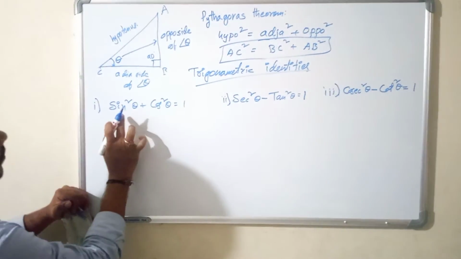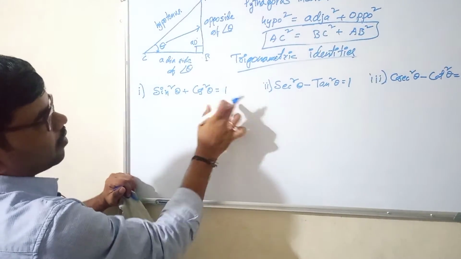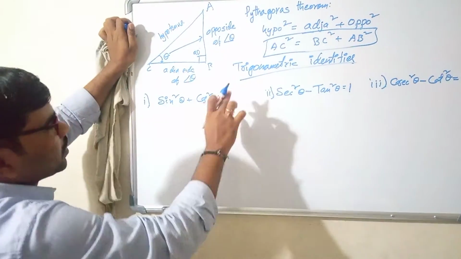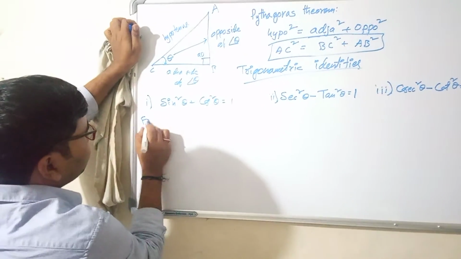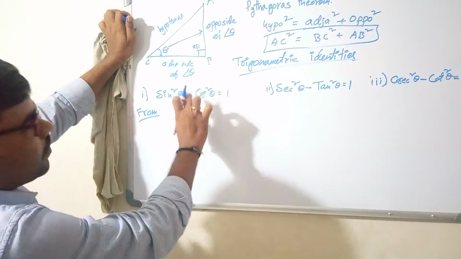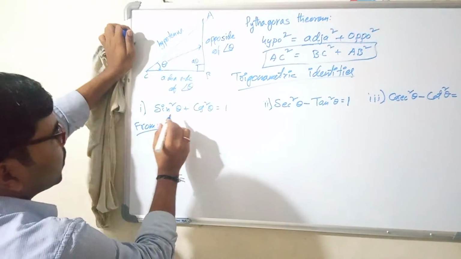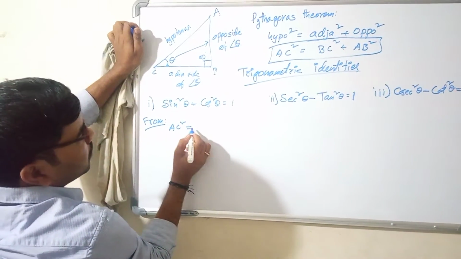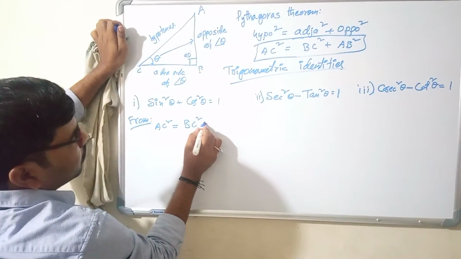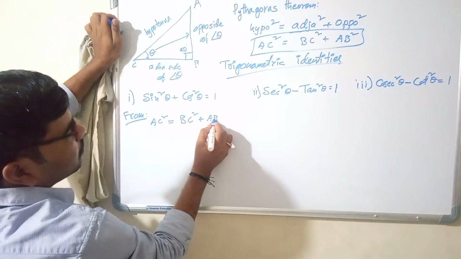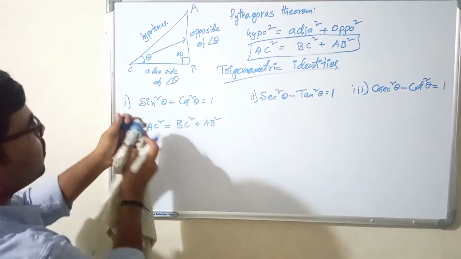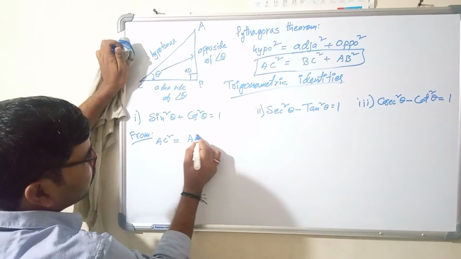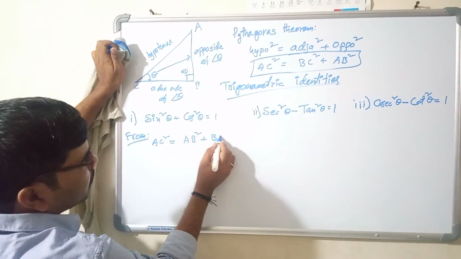Next, see here, proving of this formula from the Pythagoras theorem. Here the Pythagoras theorem formula is what? AC square is equal to BC square plus AB square. Or else we can write this as AB square plus BC square.